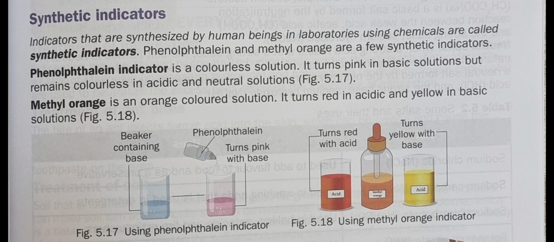Now we have learned natural indicators, and the other type is synthetic indicators. Indicators that are synthesized by human beings in laboratories using chemicals are called synthetic indicators. Phenolphthalein and methyl orange are a few synthetic indicators.